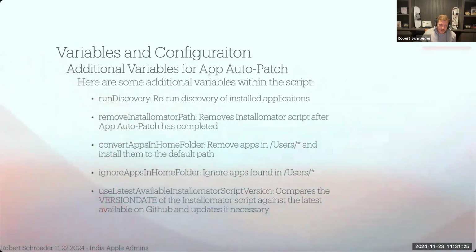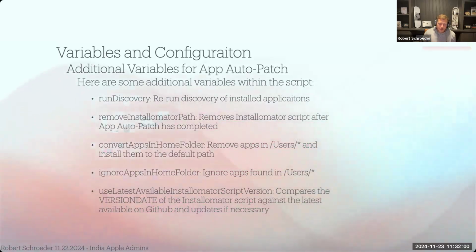And again, more variables. For example, one option allows you to automatically pull the latest version of the Installomator script based on version date. That is the use latest available Installomator script version. There are options for how you handle apps that are not installed within the applications directory or in the user's home directory, how often you want to run discoveries, and things like that, right?